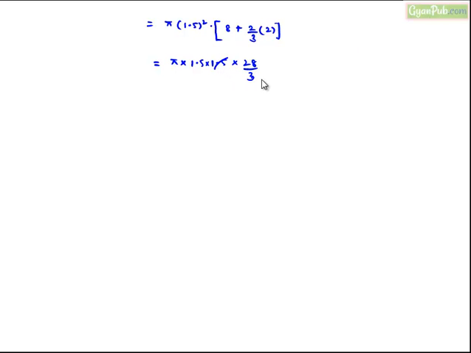Here 1.5 goes in 3 2 times, which is equal to pi value 22 by 7 into 1.5 times 28 by 2. Here 2 goes in 22 11 times and 7 goes in 28 4 times. Therefore we are left with 44 times 1.5, that is 44 times 3 by 2, which is equal to 66 centimeter cube, which is the solution.